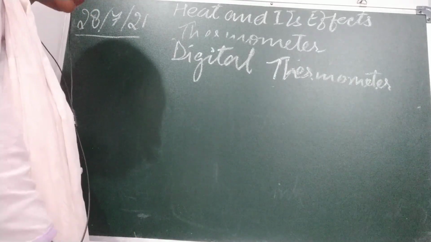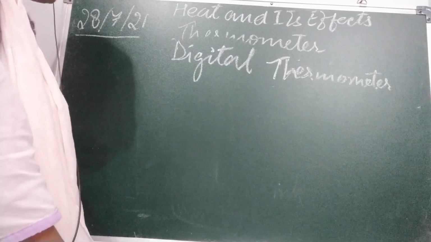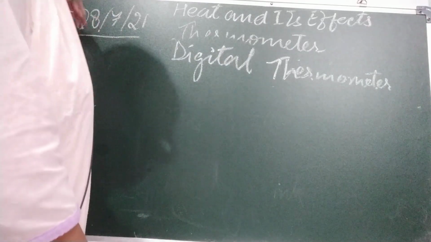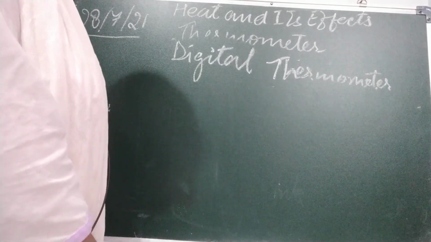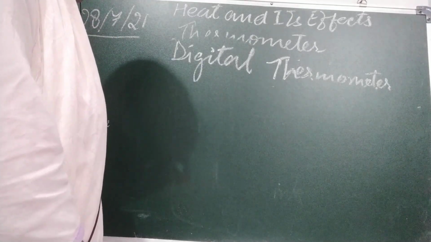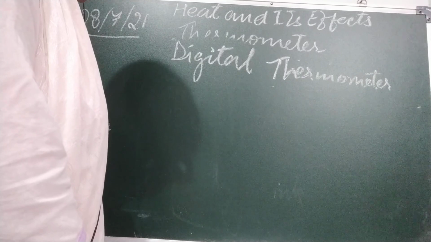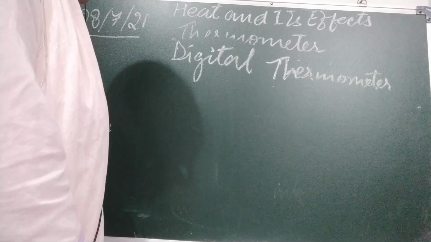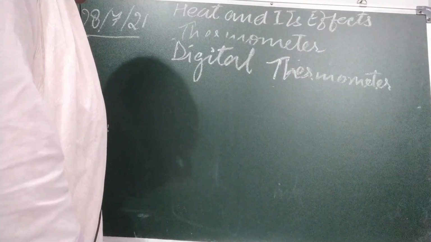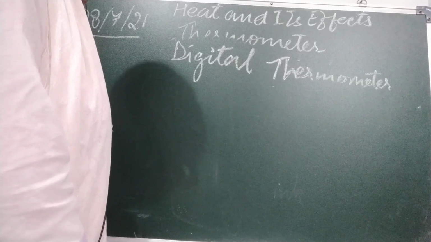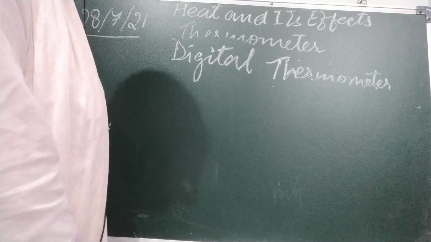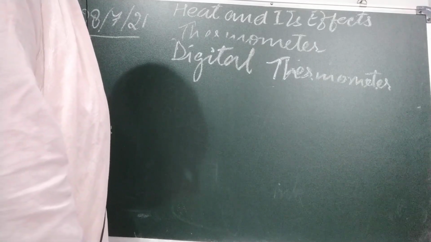Children, mercury is poisonous in nature. Sometimes, by mistake, if it breaks in our mouth, something wrong would happen. So we use digital thermometers, which do not use mercury. This is a relief as mercury is toxic and very difficult to dispose of if a thermometer breaks. These are the drawbacks of the mercury thermometer.